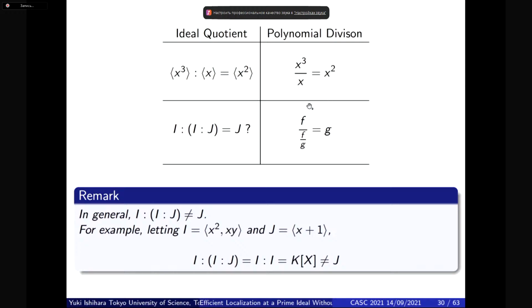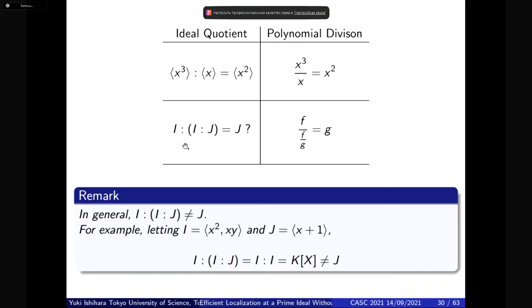In polynomial division, f divided by g is always g, but in ideal quotient, it does not hold. For example, in this case.